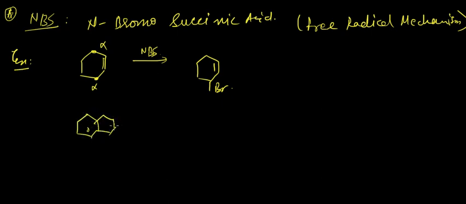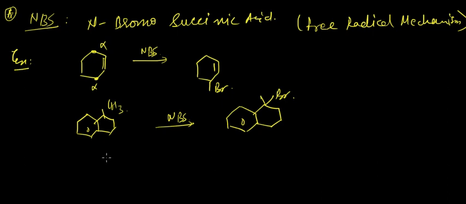Let's look at some more examples. We have a compound like this. When reacting with NBS, the compound formed would be this. Let's look at this compound. It will react on the most stable alpha hydrogen, so this is the more stable alpha hydrogen, due to obvious reasons.